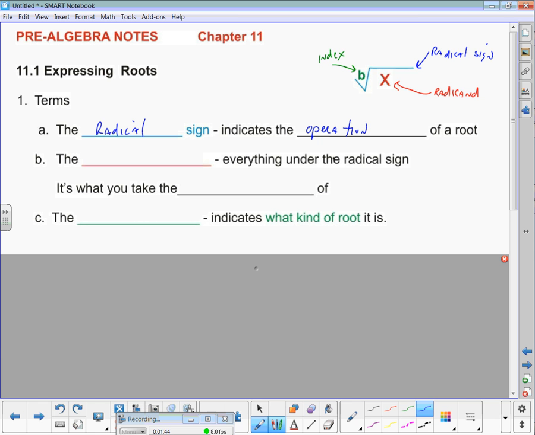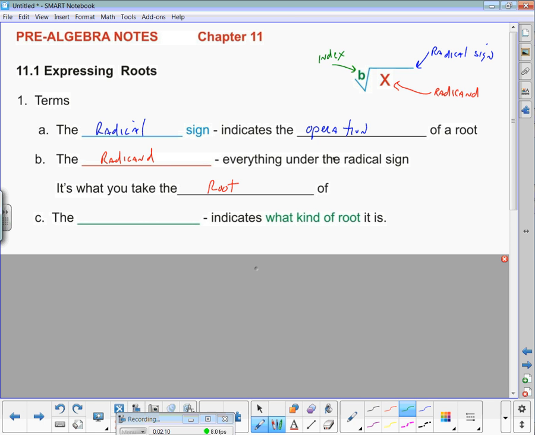So the radical sign tells you, hey, you need to take the root. Secondly, the radicand is everything under the radical sign, and here's the key: it's what you take the root of. You're taking the root of the radicand.